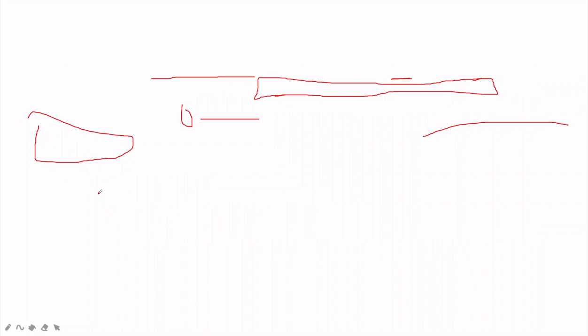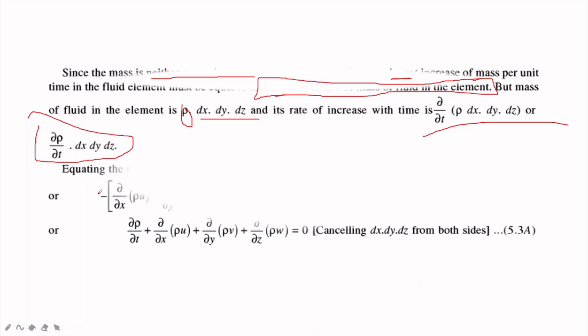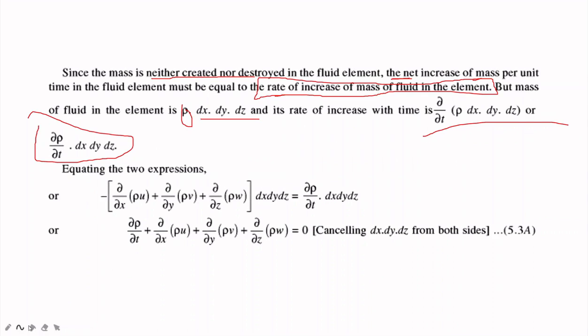So we equate the net gain of mass with ∂ρ/∂t dx dy dz.